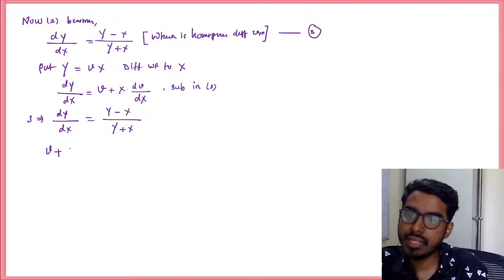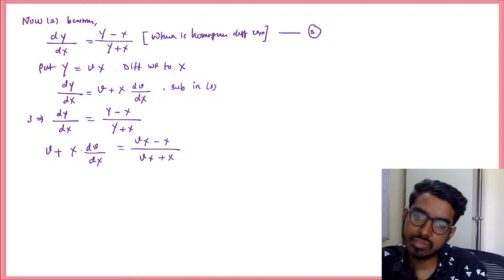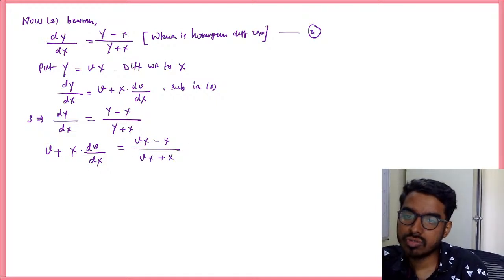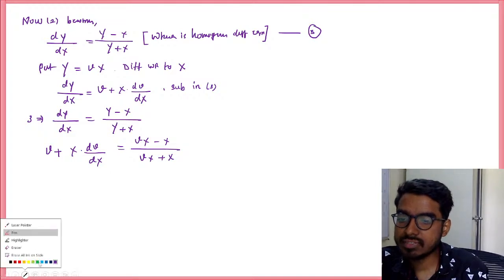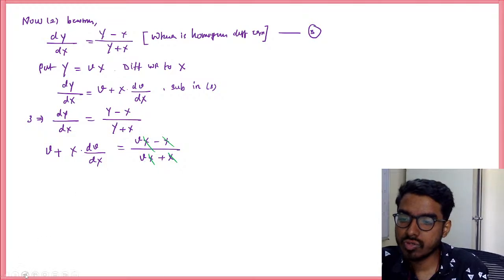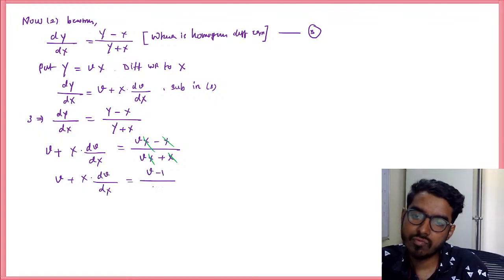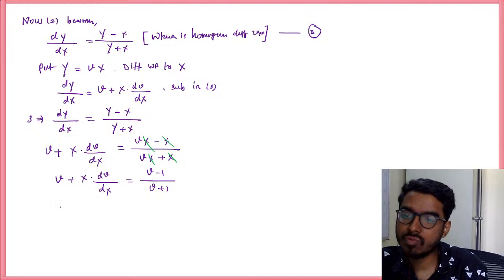So we will have v plus X into dv by dX equal to (vX minus X) divided by (vX plus X). So this X will get cancelled, and you will have v plus X into dv by dX is equal to (v minus 1) by (v plus 1).